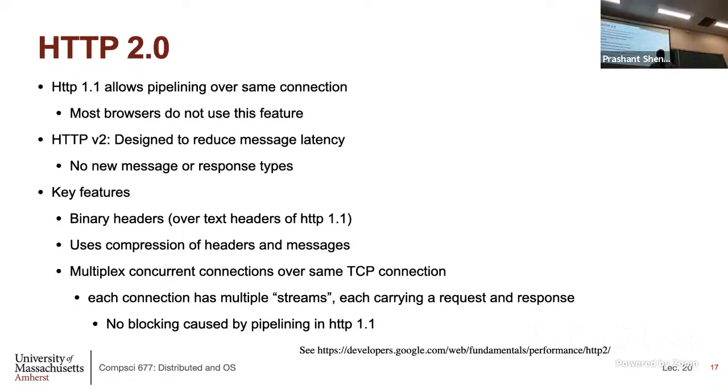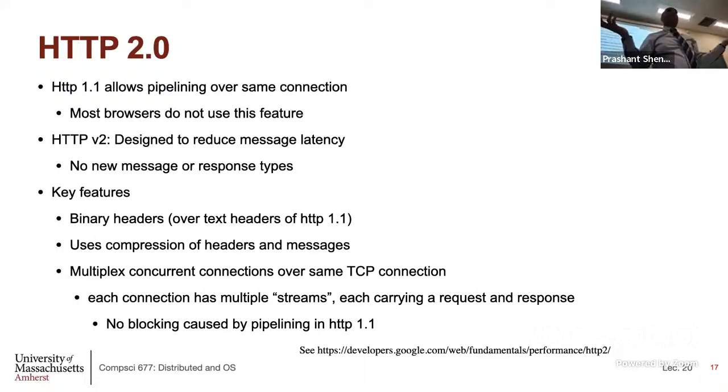Okay? In addition to a few other things. Okay? It allows you to multiplex multiple connections in parallel over the same TCP connection. In this case, you don't need to open multiple socket connections, because I can send as many requests as I want over this one socket connection, even though responses have yet to come back. Okay? And when responses come back, they come with an index that tells you this response is for this outstanding request.